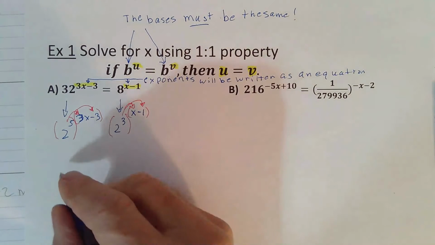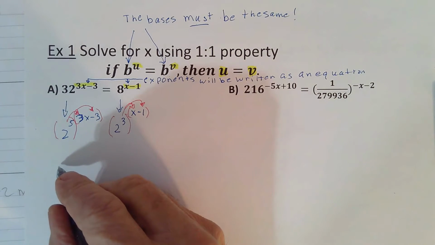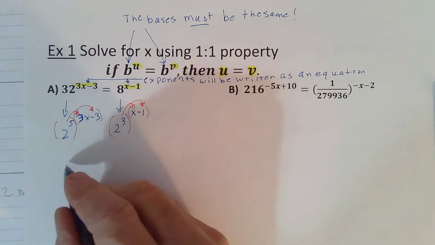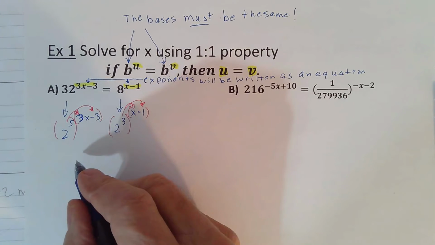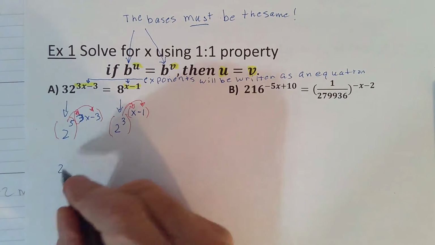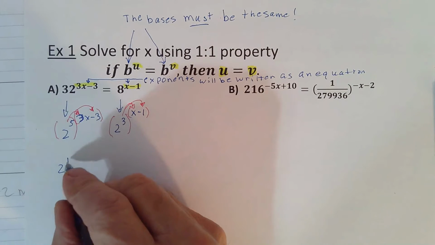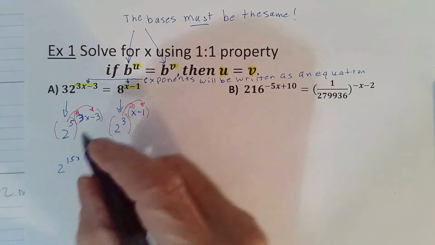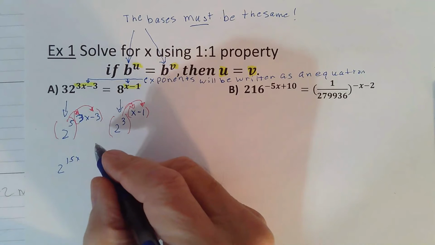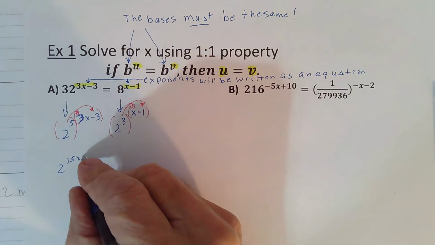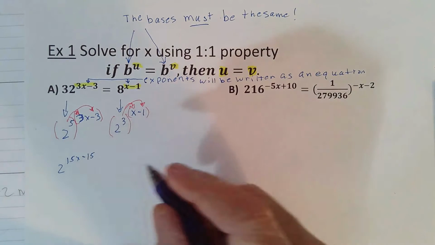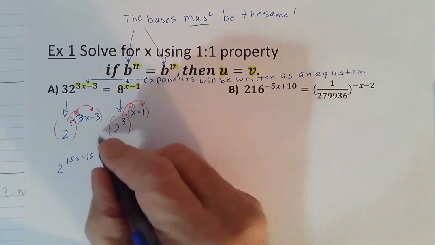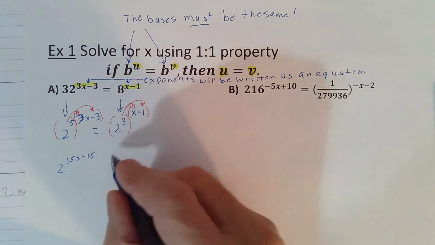Okay, so this on the left, 2 to the 5th times, 5 times 3x is 15x. And 5 times negative 3 is negative 15. Okay, and put an equal sign in between these.